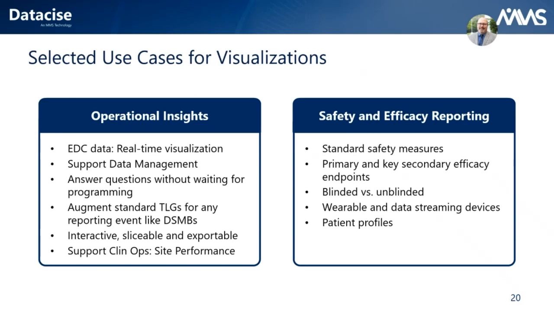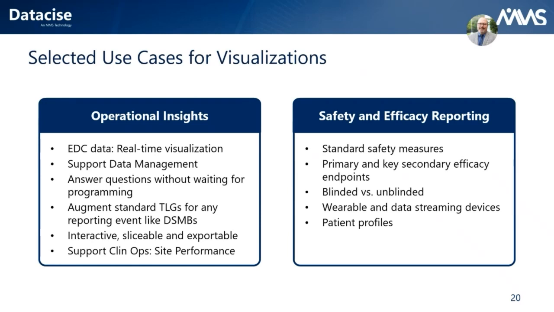But they may also want to look at data visualizations so that they can start thumbing through the data and filtering and seeing really what are those signals that they're looking for, that they're responsible for, as reviewers of your data. So the interactive, sliceable, and exportable data really facilitates the sharing of these insights across your DSMBs.